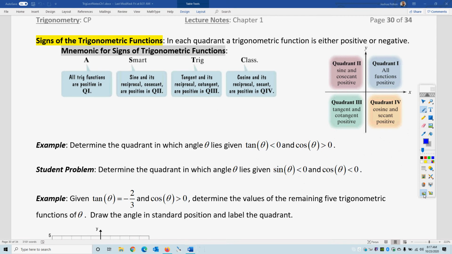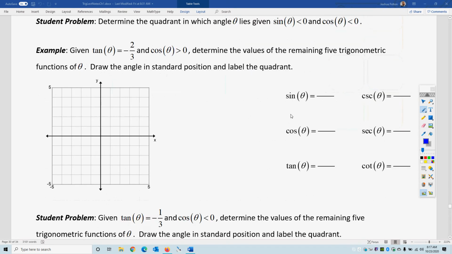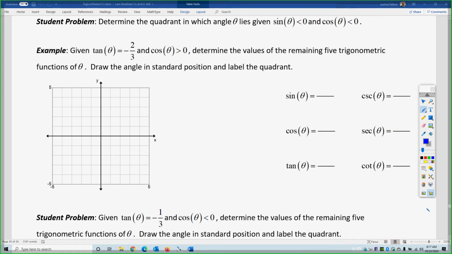We can place trig functions in their proper quadrant. So if we're going to have a tangent that's negative, that is either going to be in the second or in the fourth quadrant. So either I have a negative 2 over 3 or a 2 over negative 3 when I draw the triangle. So the question is where? Well, I also know that cosine is positive.